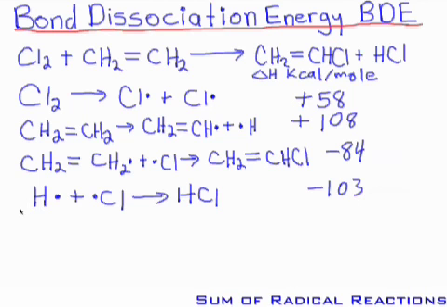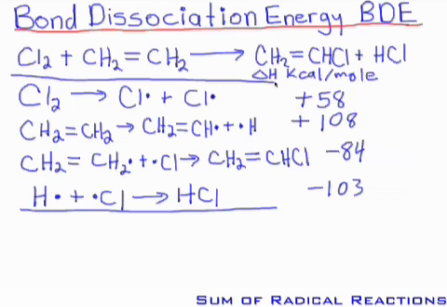So now we add up everything here between those two blue lines. And by adding everything up on both sides of the equation, I should generate the top reaction, unless I've done something wrong. So we've got Cl2 plus CH2 double bond CH2.